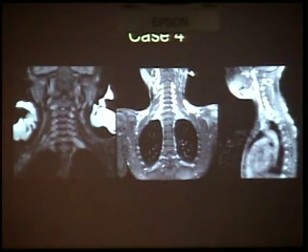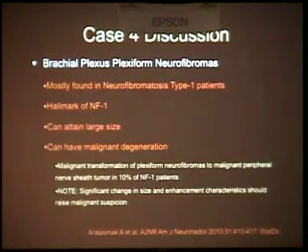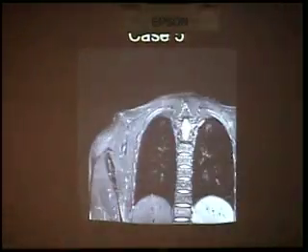This patient had plexiform neurofibromas. This is diagnostic of that condition. It's a hallmark of NF1. They can get large. They can have malignant degeneration. When you're following these patients, just look for any growth or change in enhancement, because that could mean malignant degeneration.